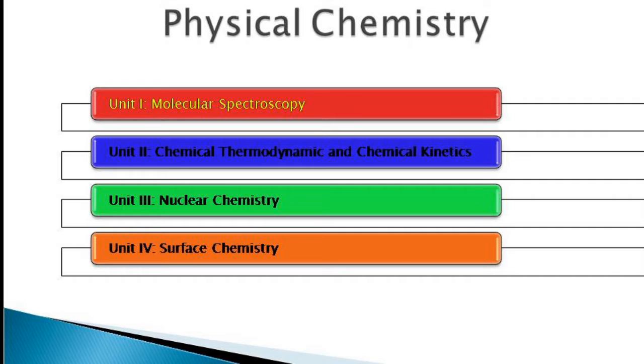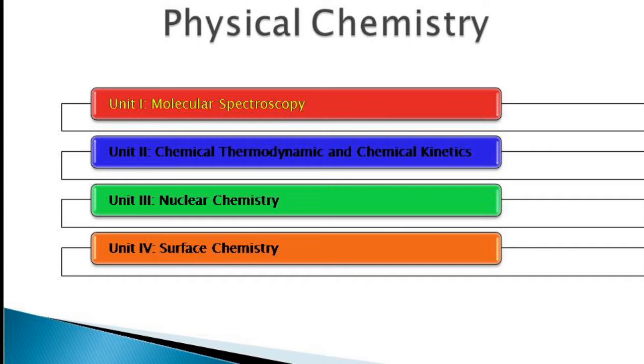In semester 5, physical chemistry paper contains 4 units. Unit first is molecular spectroscopy. Unit second is chemical kinetics and chemical thermodynamics. This unit contains 2 subunits.